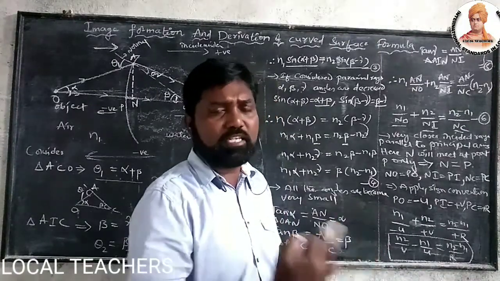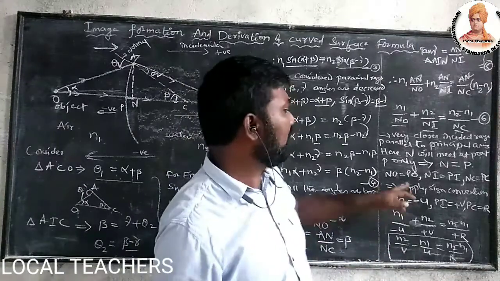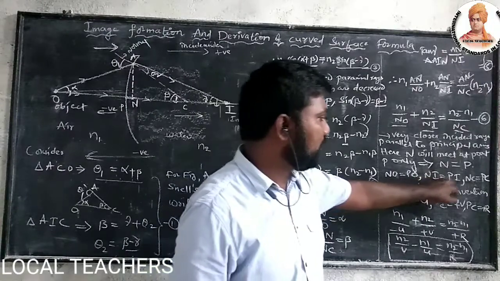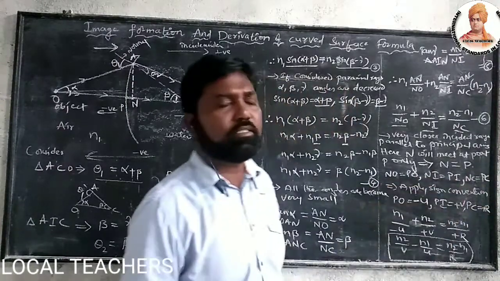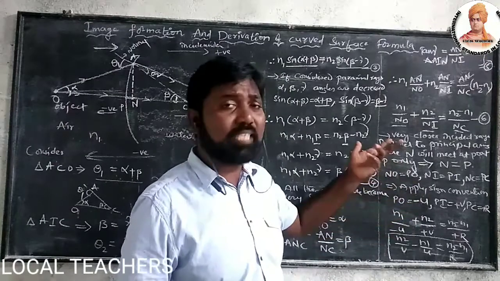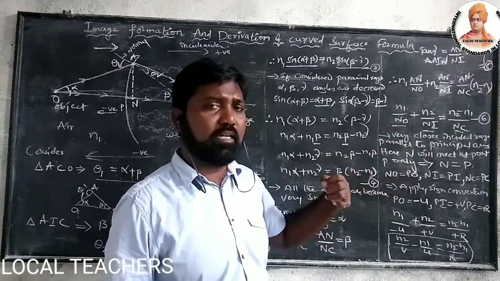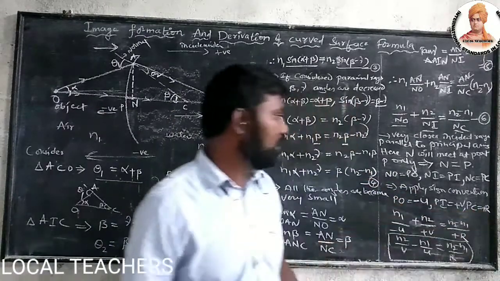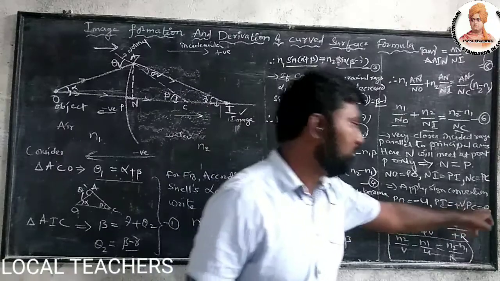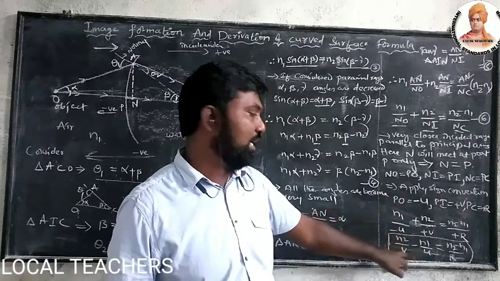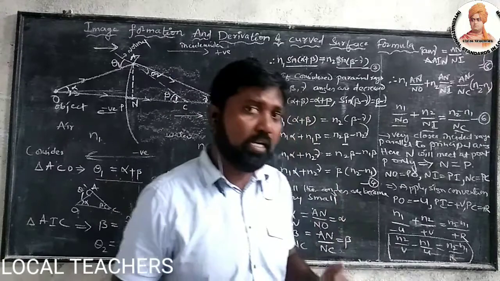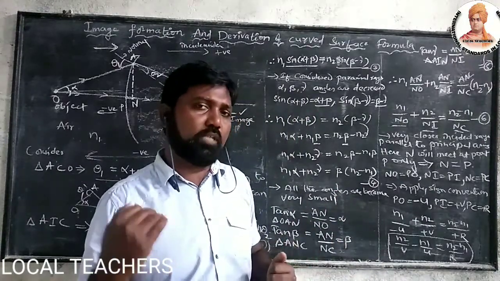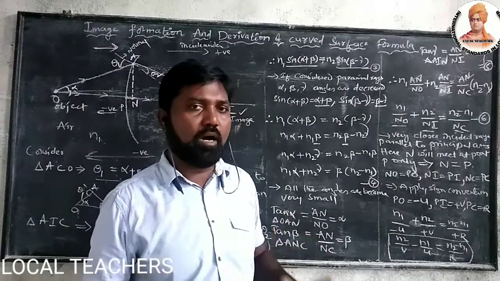Instead of N, I can write P: NO equals PO, NI equals PI, NC equals PC. Applying the sign convention, I got the object distance minus u, image distance plus v, and R value plus R. Substituting the values, I finally got N2 by v minus N1 by u equals N2 minus N1 by R.